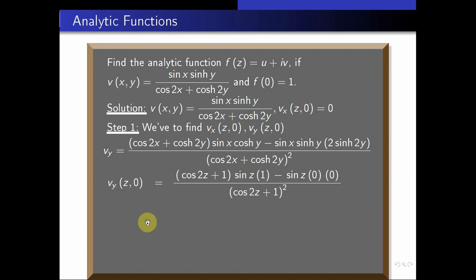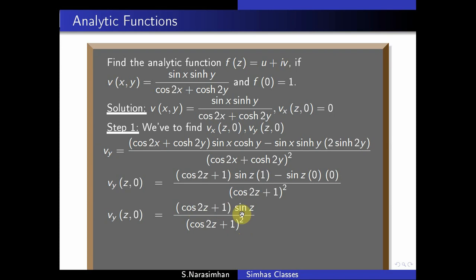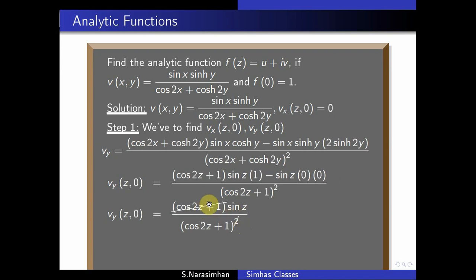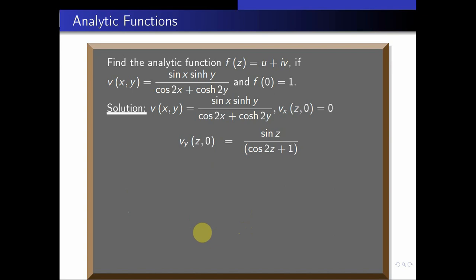We will simplify further. This Vy of z comma 0 is equal to cos z plus 1 into sin z by cos z plus 1 the whole square. See here, the same term squared, here 1, so one term gets cancelled in the denominator and numerator. Now we have Vy of z comma 0 is sin z by cos z plus 1. So we found Vx of z comma 0 is 0 and Vy of z comma 0 is sin z by cos z plus 1. We can simplify this.